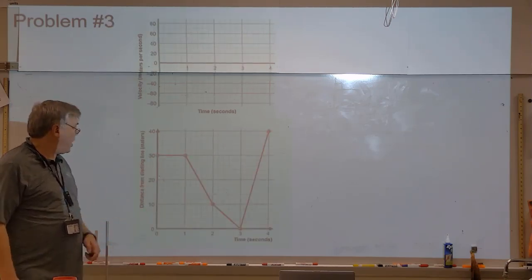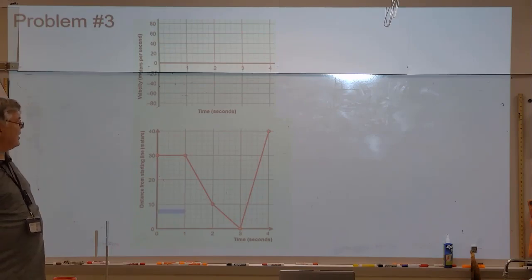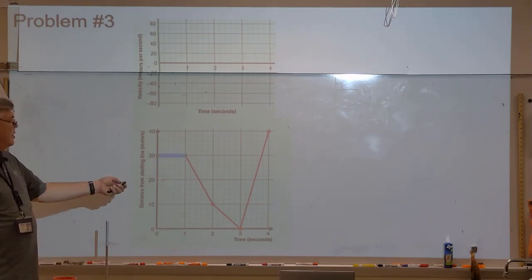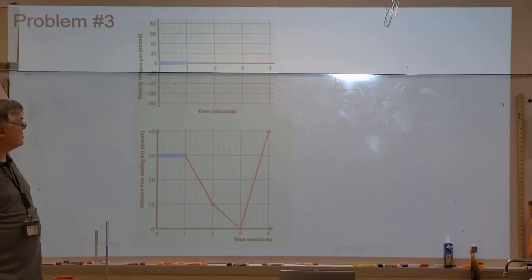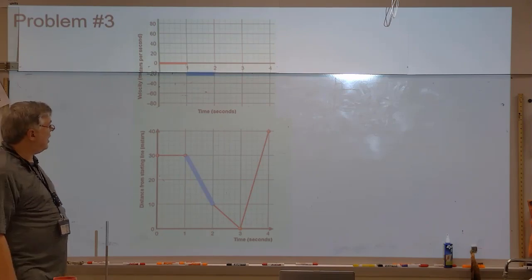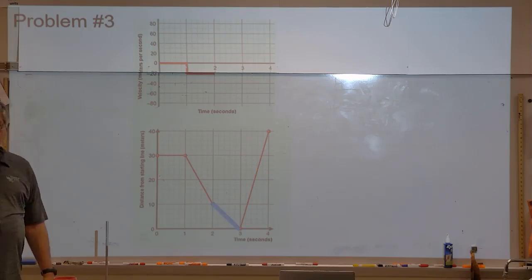Okay, next one. For the first second, what are we doing right here? We're standing still, not moving. Right, so right there. The next one, forward or back? Backwards, right. So we're at -20. What about this next one? Also backwards.